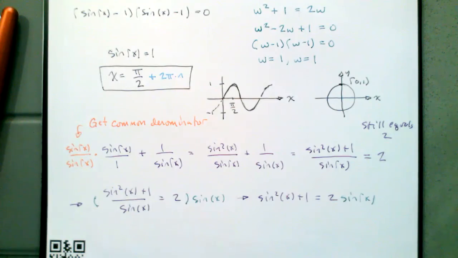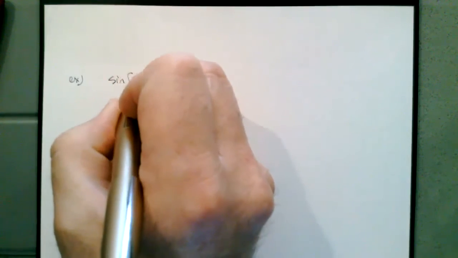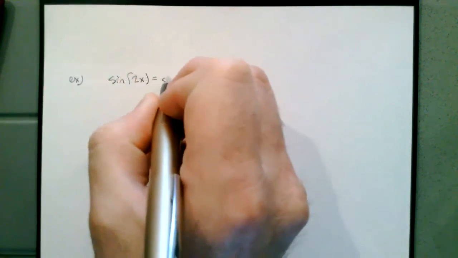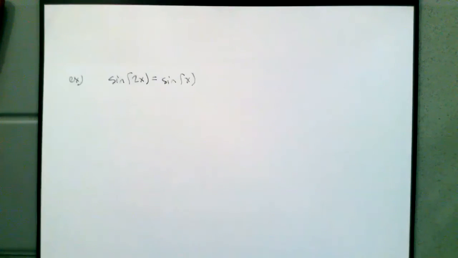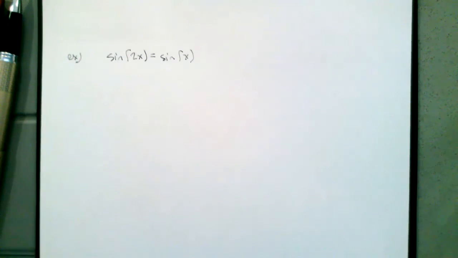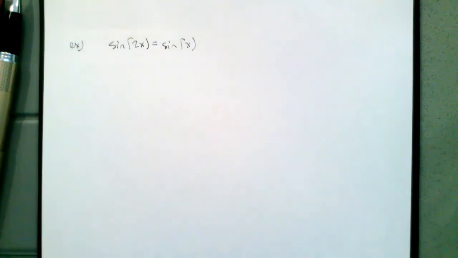There's one more equation that I want to look at that also has a useful bit of information. So let's suppose we wanted to solve sine of 2x equals sine of x.